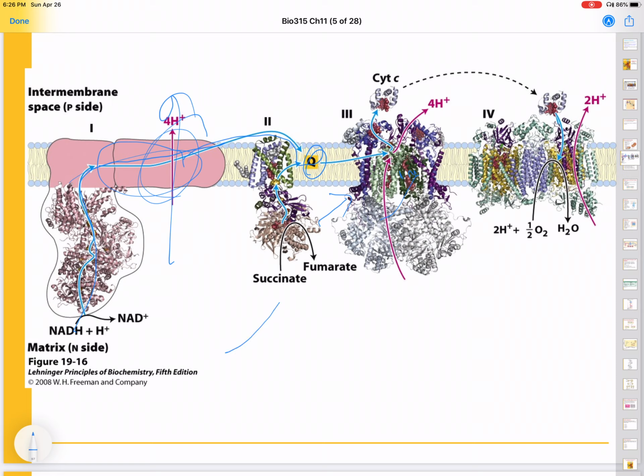Complex 2 also takes its electrons and passes them to ubiquinone, and then ubiquinone passes them on to complex 3. Complex 3 will take those electrons one at a time and pass them to complex 4, and it pumps 4 protons as it does so, and then the electrons from complex 4 will pump 2 protons across.